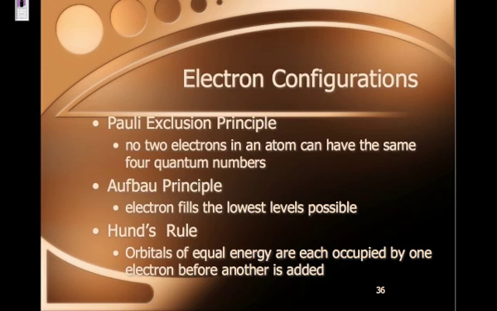Then the second electron will go in that orbital, second and second. So the second electron does not fill an orbital until each orbital in that sublevel has 1 electron in it. So it'll go 1, 1, 1, and then 2, 2, 2. Or in the d sublevel, each of the 5 orbitals would have 1 electron first, and then you would fill the second. And that's Hund's rule.